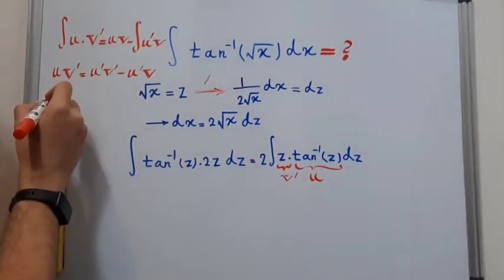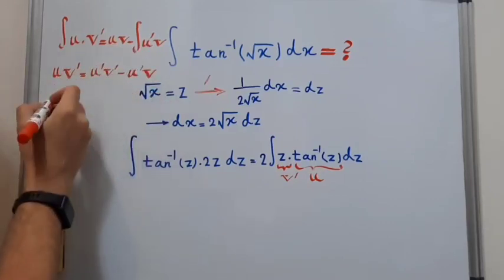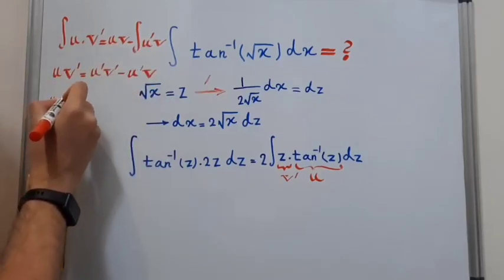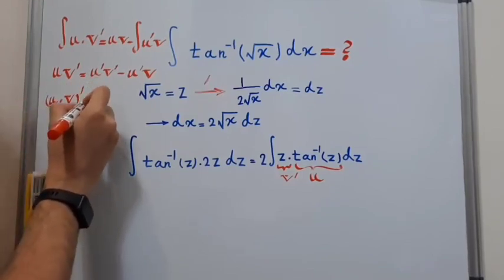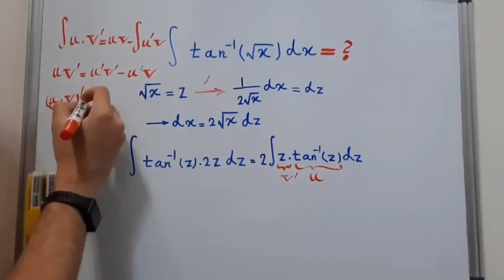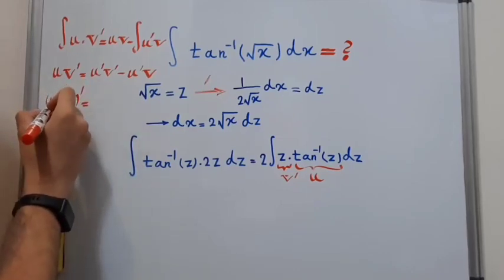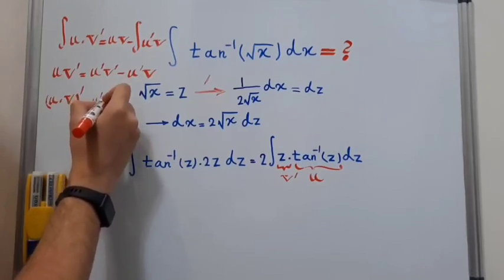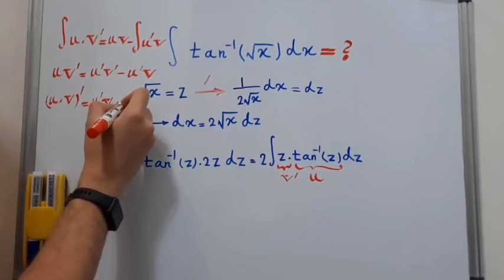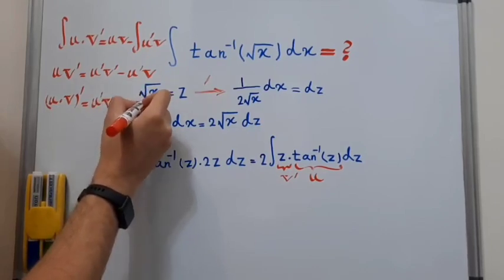The derivative of a product of two expressions is u prime v plus u v prime.